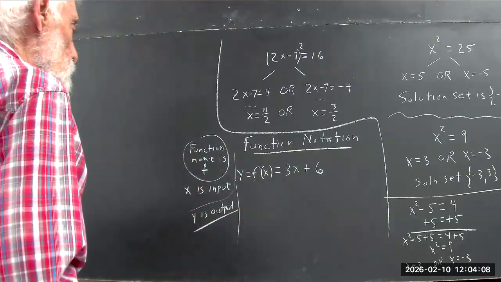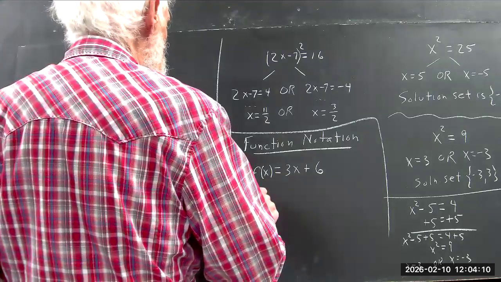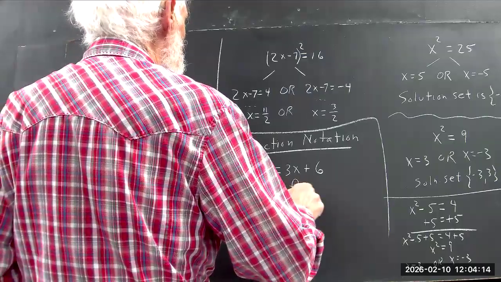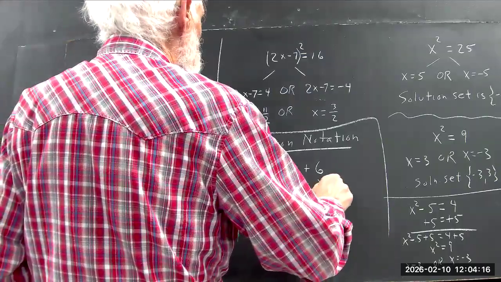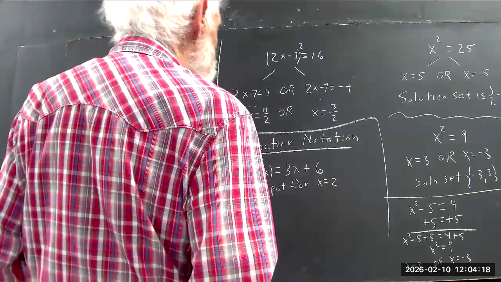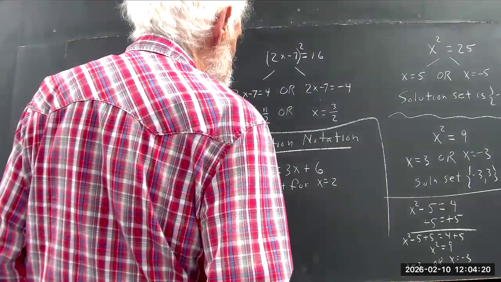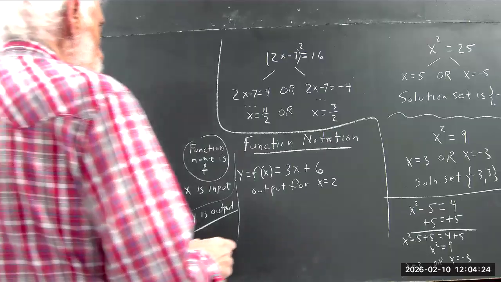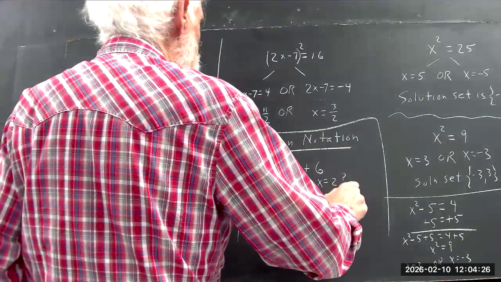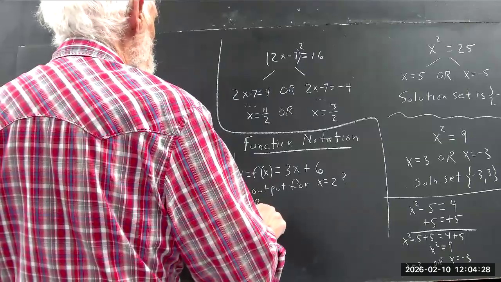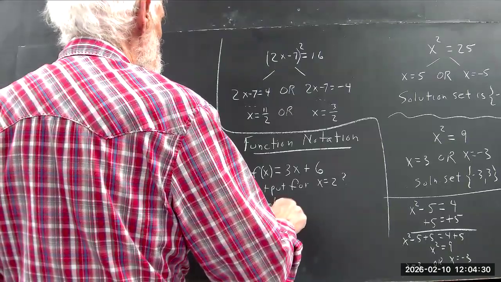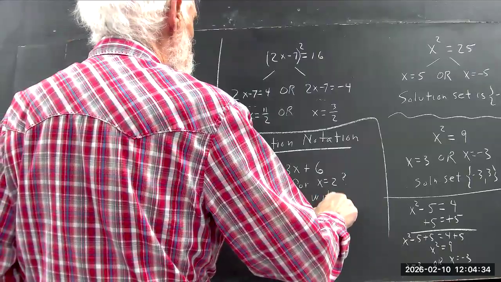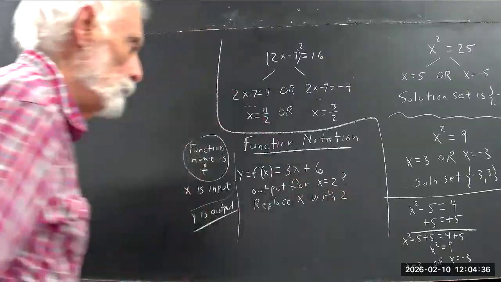So if I want to find the output for x equals 2, we replace x by 2.